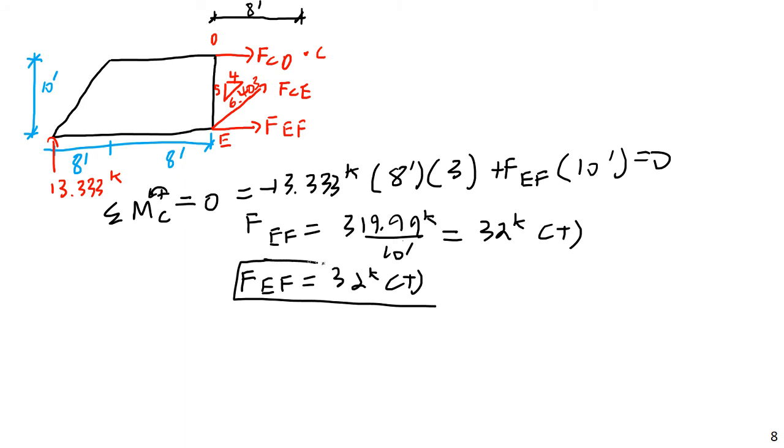And this shouldn't be any surprise. As we've seen in previous lectures, for a simply supported truss in positive bending, generally, there may be some weird exceptions, but at least for a single span simply supported truss, your bottom chord will be in tension and your top chord will be in compression.